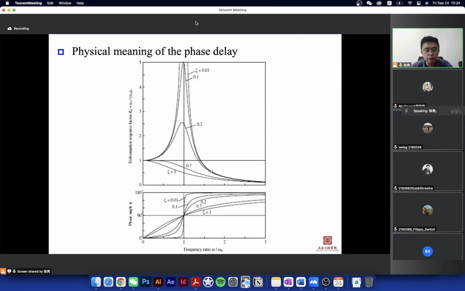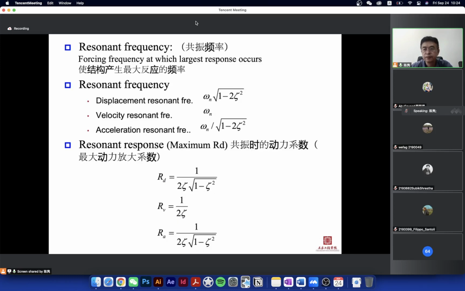So if you understand these two curves correctly, I think you can understand all the things we discussed here in chapter 3. What is the meaning of the frequency ratio, the effect of damping, the phase lag? Then you can understand this.